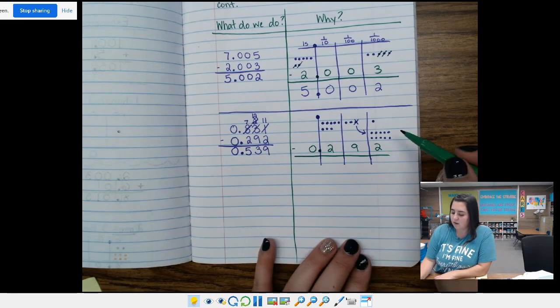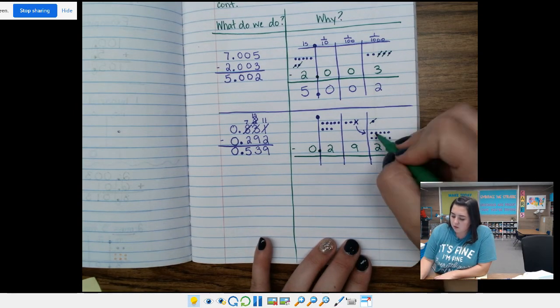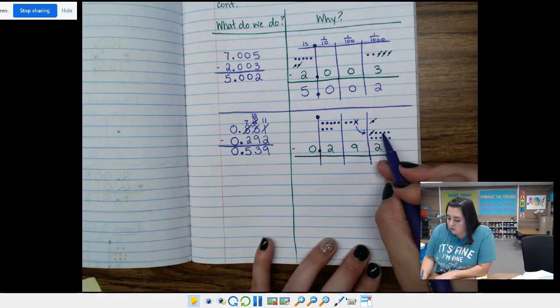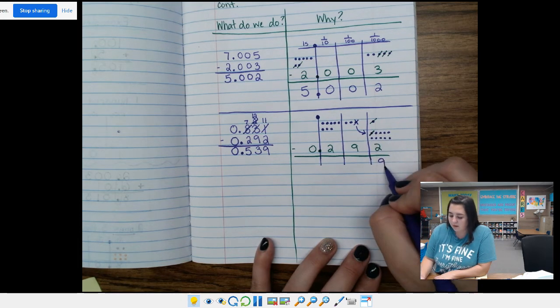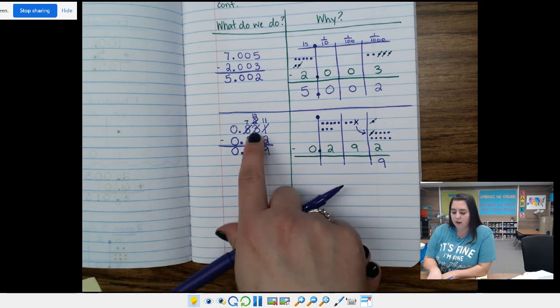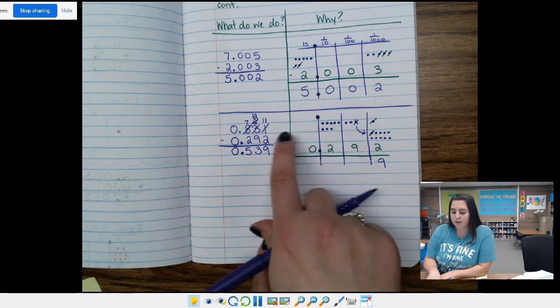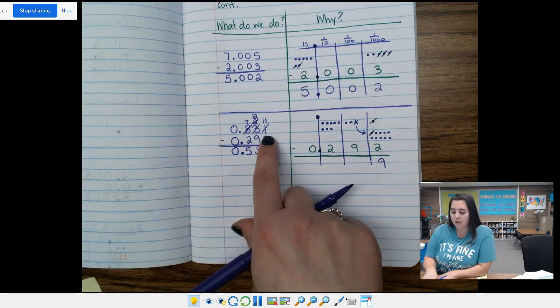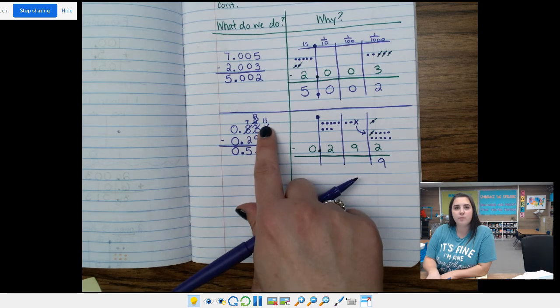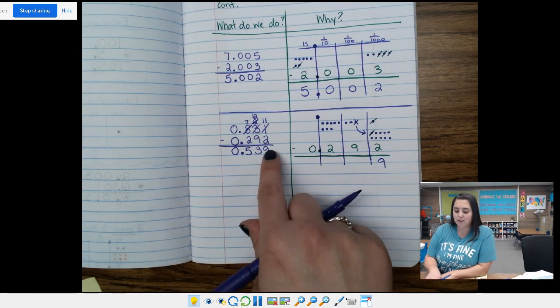I can. 1, 2. What does that leave me with? Now I have 1, 2, 3, 4, 5, 6, 7, 8, 9. I'm left with 9 thousandths, just like what we did over here. I took 1 away from the 3 and it became a 2. And that 1, I added 10 to it, so it became 11. And then you could subtract 2 from that.